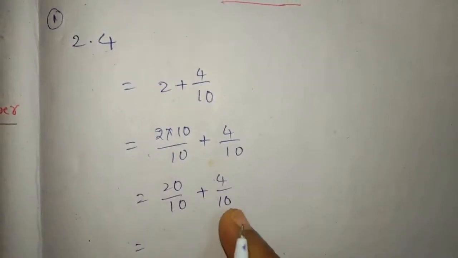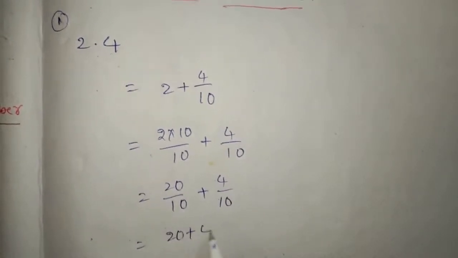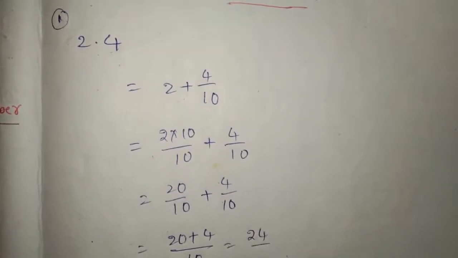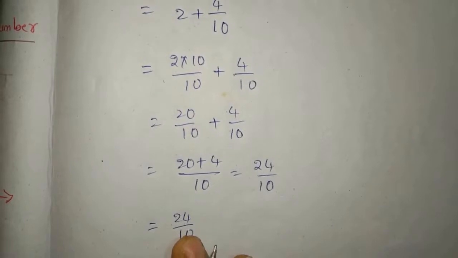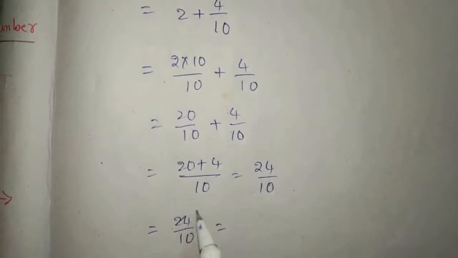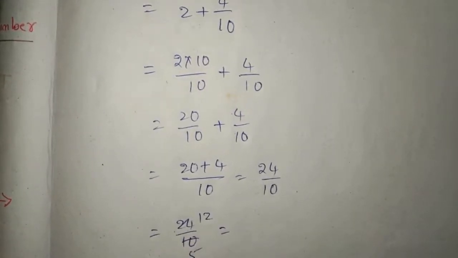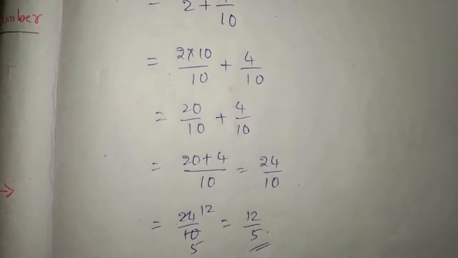Here the denominators are equal, so simply we add the numerators, that is 20 plus 4 by 10, equal to 24 by 10. If you write it in the simplest form, 2 twelves are 24, 2 fives are 10, that is 12 by 5.